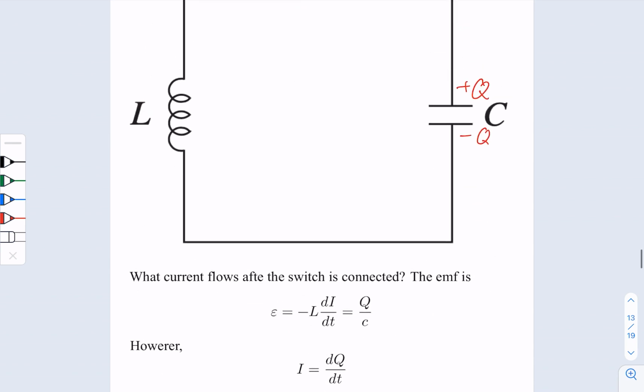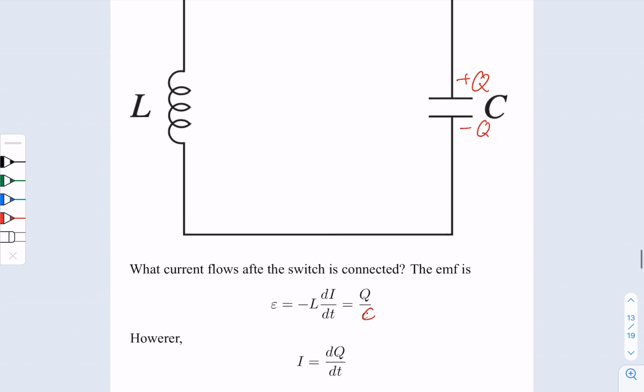So if you do a similar calculation, you can guess that the EMF must equal minus L di/dt, and the EMF also equals Q over C. Sorry, the C should be capital, and C is the capacitance. And now we also have a relationship between I and Q, right? So here we already have a di/dt.